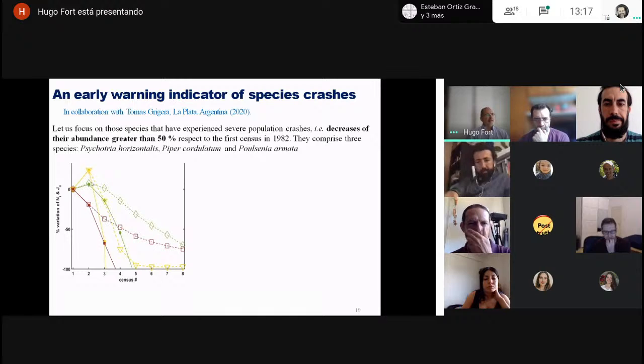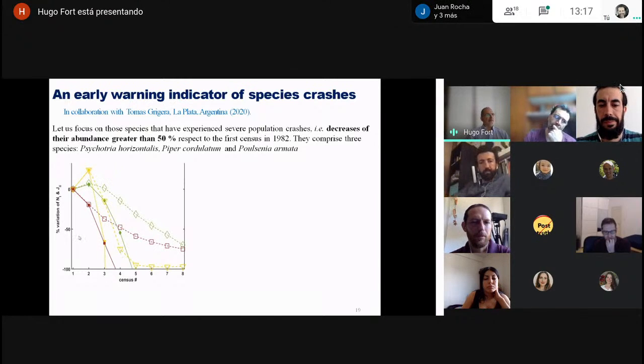For instance, here we can see that the drop in the population below 50% occurred for the fourth census, and the drop of the intraspecific competition term occurred before the third census.